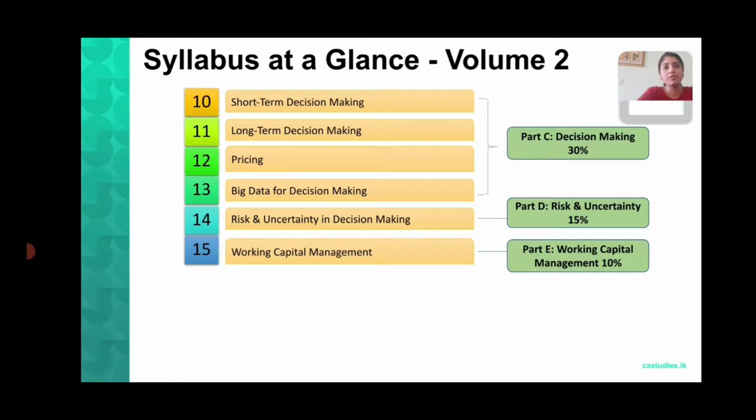So it's more about decision making, and that's why it's aligned to Part C. Then you have your 14th chapter, which is risk and uncertainty in decision making. That belongs to Part D, just one chapter, 15%. Then you have working capital management, which is Part E, and that's 10% only.